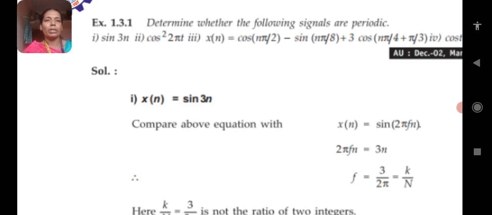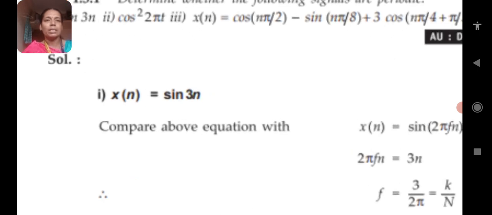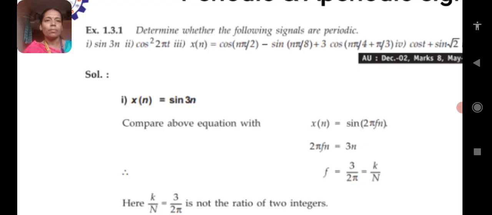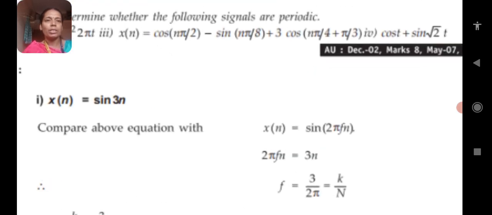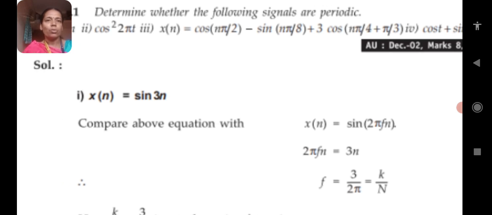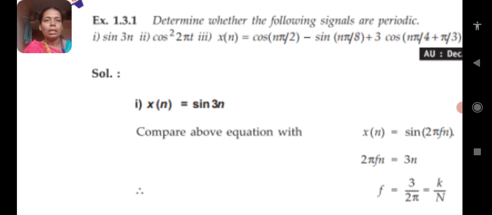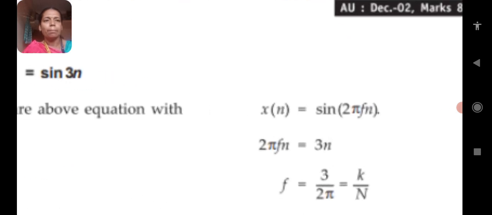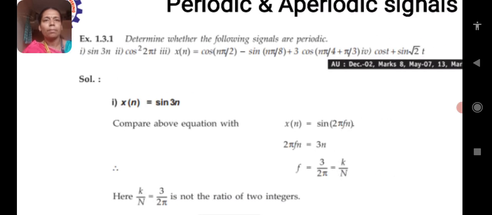x(n) = sin 3n, as given in the question. We can represent sin 3n as sin(omega n), where omega is equal to 2 pi f.